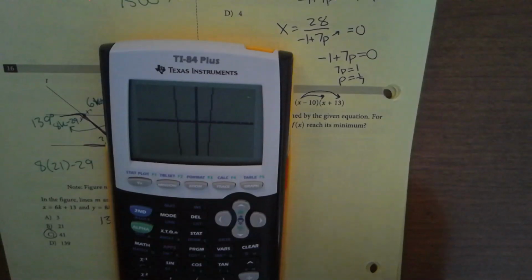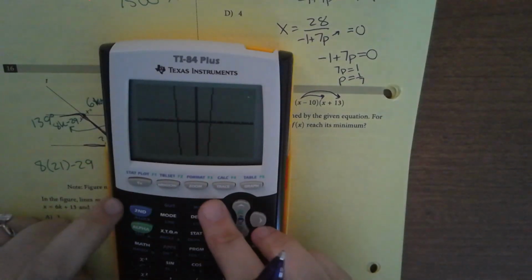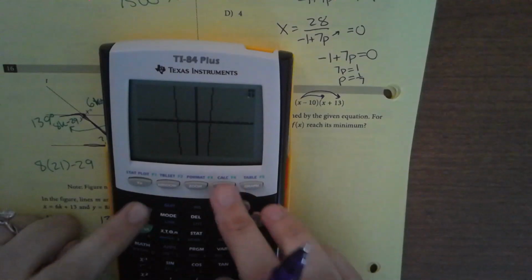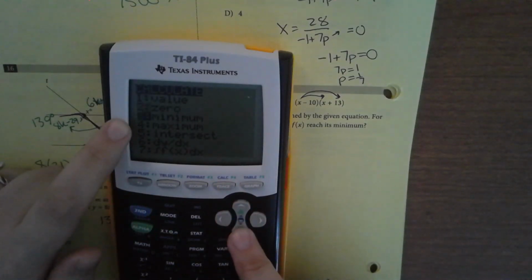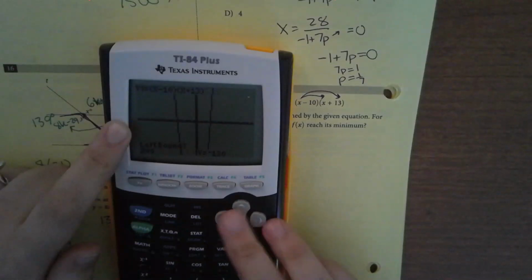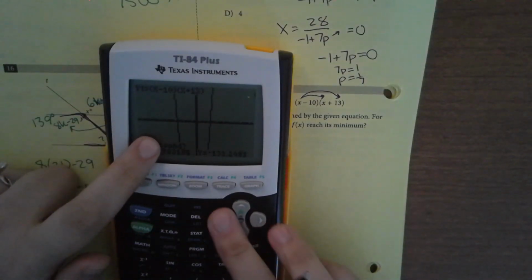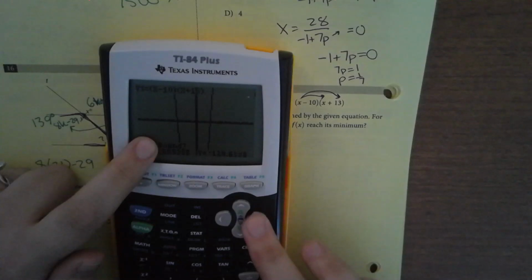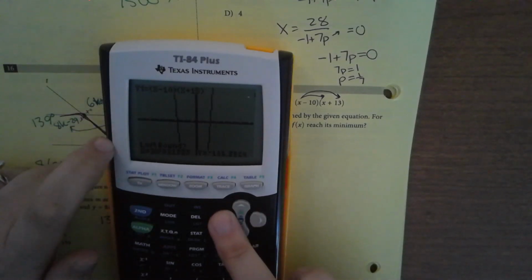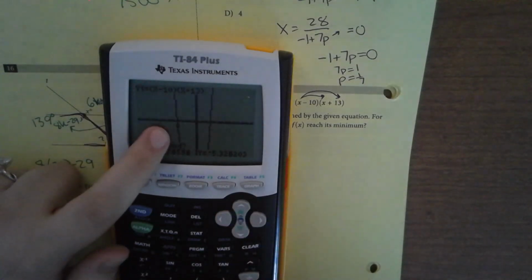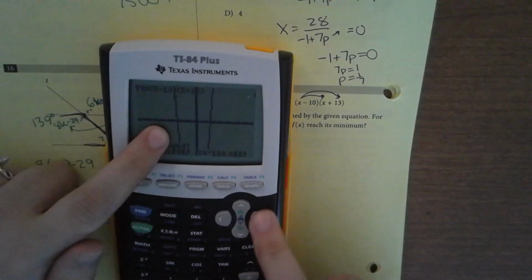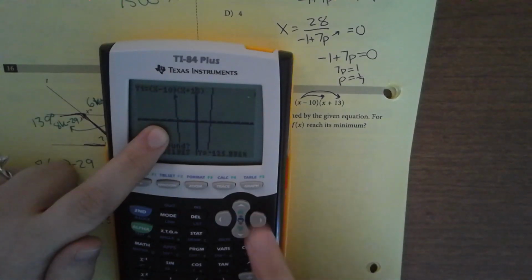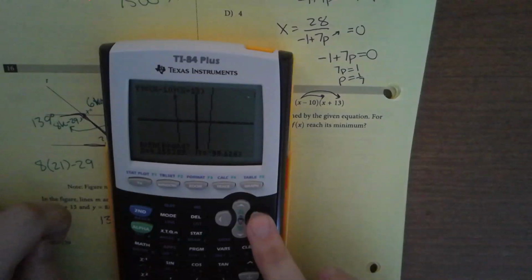Okay, there's my graph. I can zoom out a little bit, or I just do second trace minimum. I'm going to start on the left side of the minimum. There we go. Left side of the minimum, arrow over, be on the right side of the minimum.